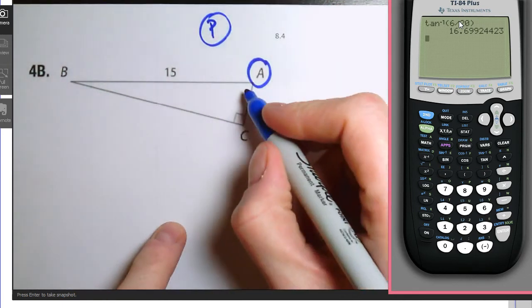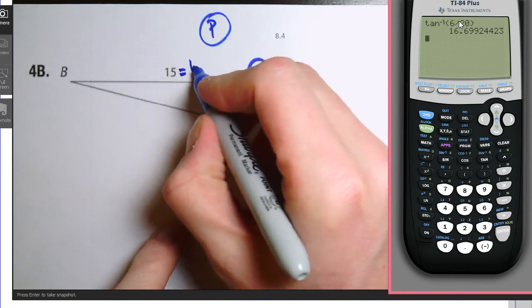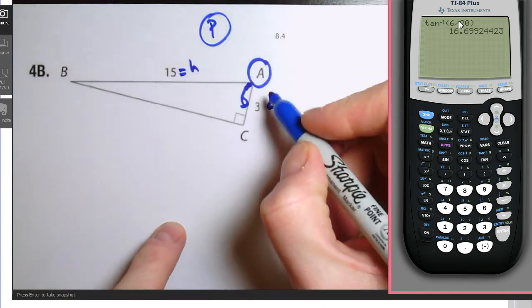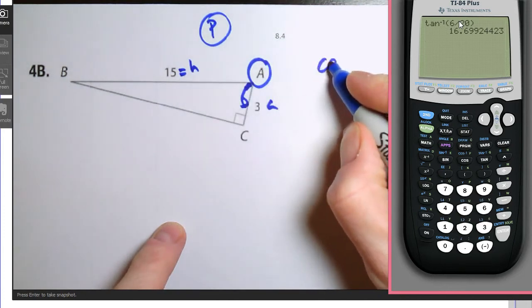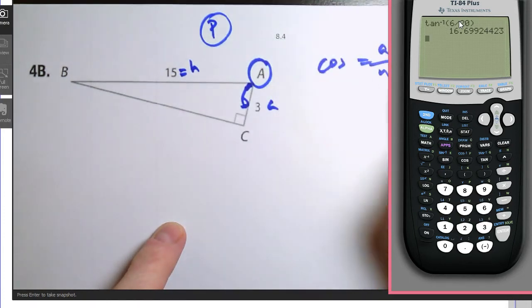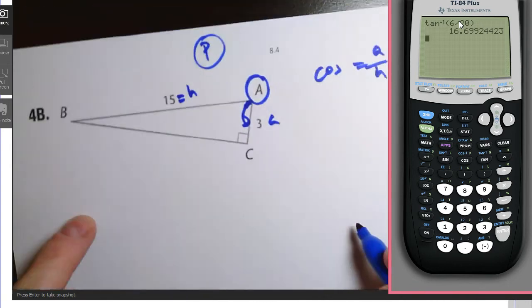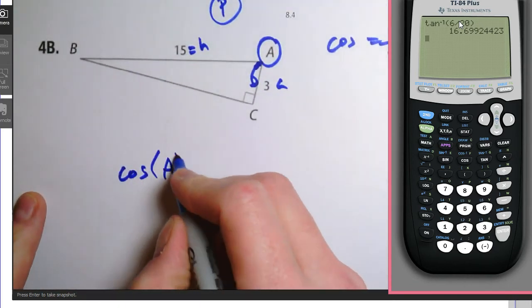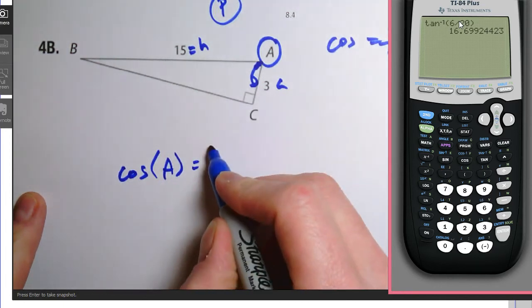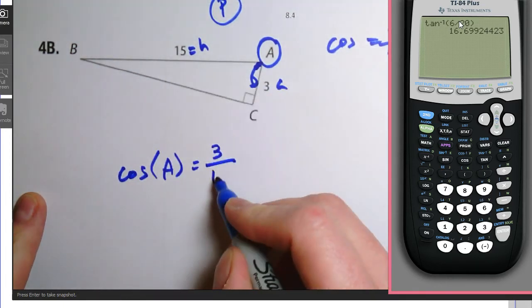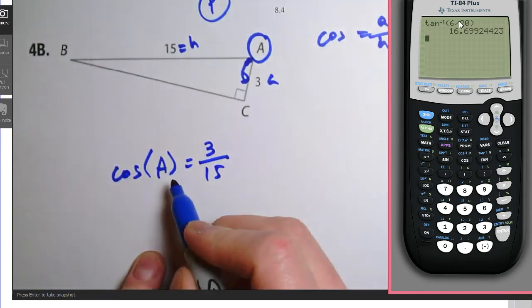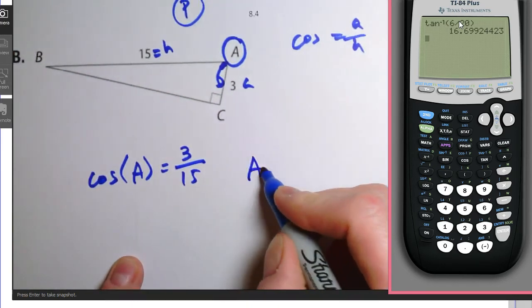Hopefully when you looked at this, you recognized that 15 was the hypotenuse and 3 was the adjacent. So which one uses hypotenuse and adjacent? That's cosine. Cosine is adjacent over hypotenuse. So the cosine of angle A is the adjacent side, 3, over the hypotenuse, 15. In order to solve for angle A, that's where the inverse function comes into play.